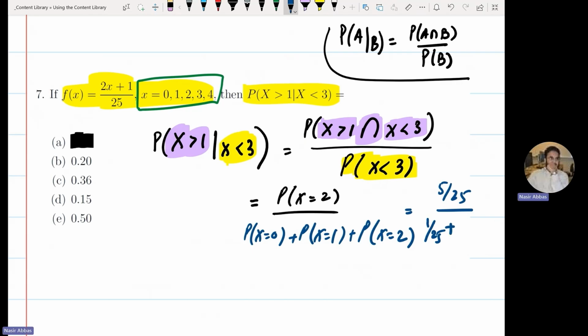X is 1, 3 over 25. X is 2, 5 over 25. So you get what? 25 cancels with 25. So you have 5 divided by 9, which is 0.56. Is it 5 over 9? Yes. Any question?